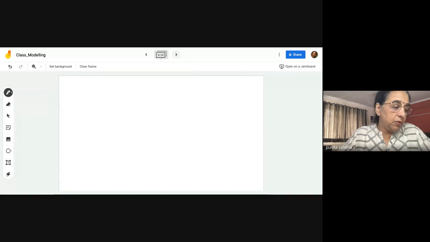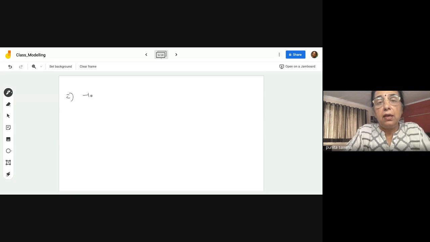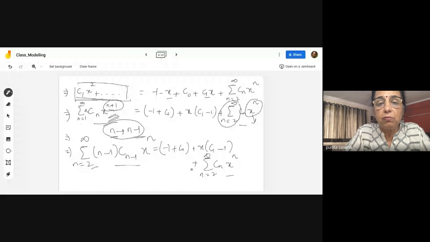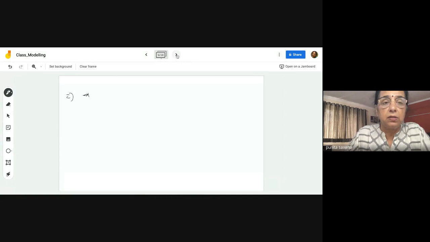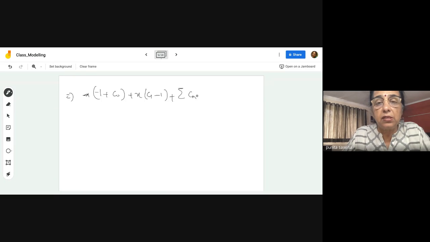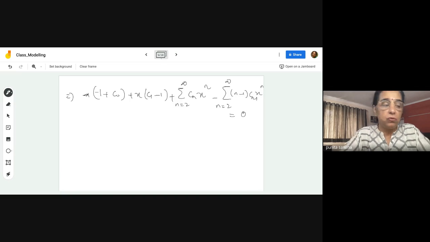So minus 1 plus c naught plus x into c1 minus 1 plus summation cn x^n, n from 2 to infinity, and I bring the left hand side here. So it's n from 2 to infinity, but I have n minus 1 c n minus 1 x to the power n equal to 0.